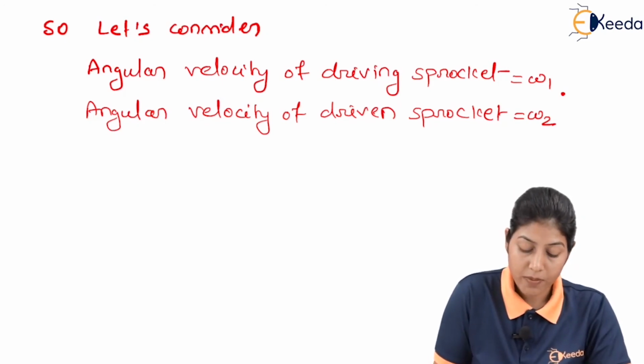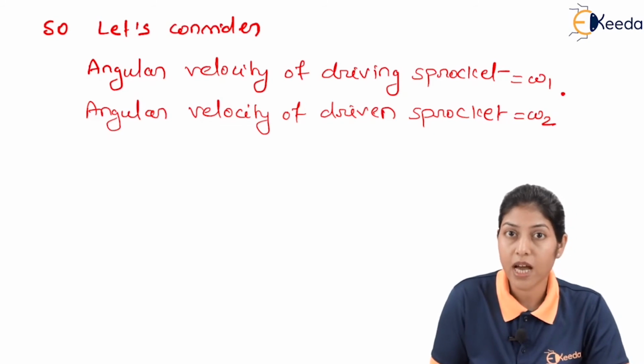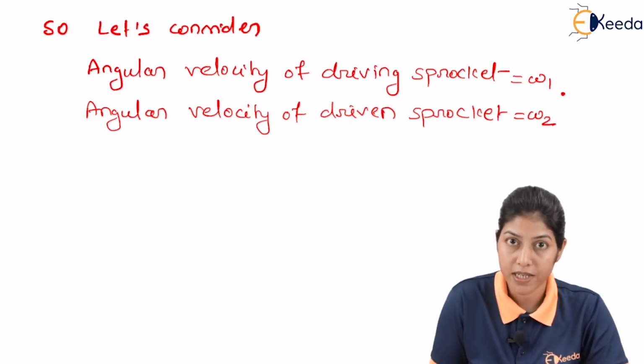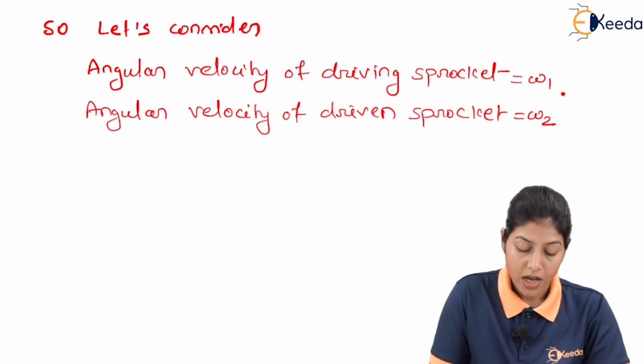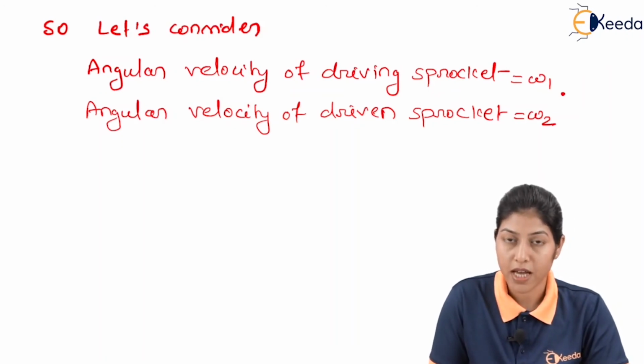So if we want to determine the velocity, we have to define the position of the instantaneous center for each position. Here we have two 4-bar chain mechanisms, so for each mechanism, for each position, we will determine the instantaneous center.